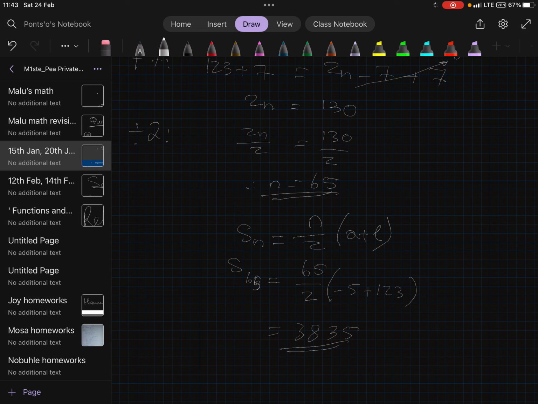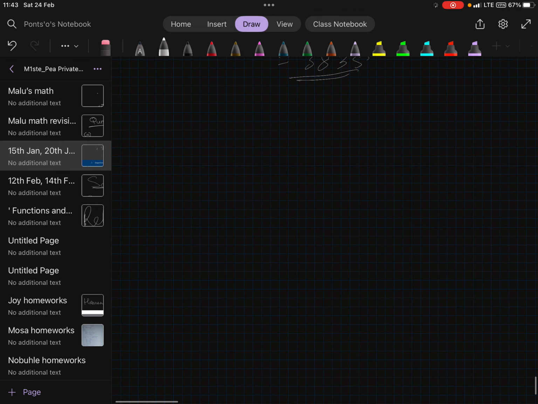Worked example 10: we're given the sum of the first 36 terms. Let's do that one because it sounds complicated enough. This one is on page 28.